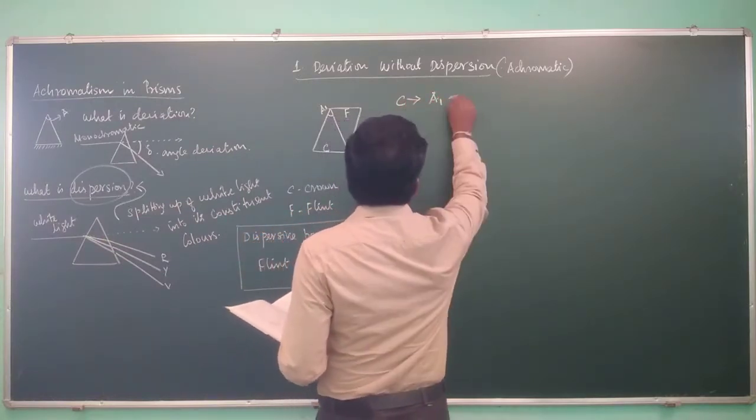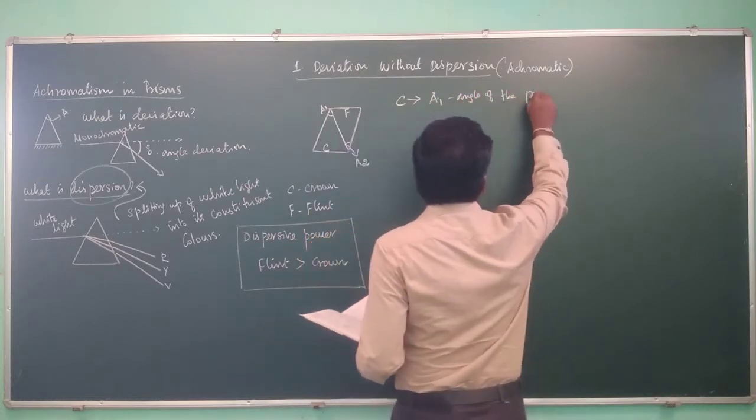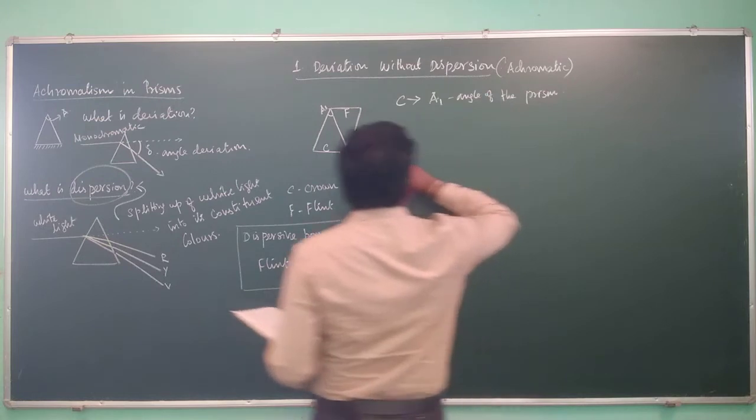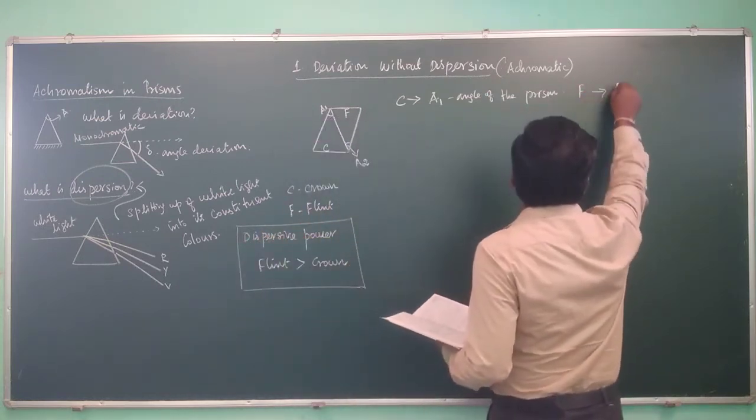A1 is the angle of the prism for crown, and similarly for flint it is A2.